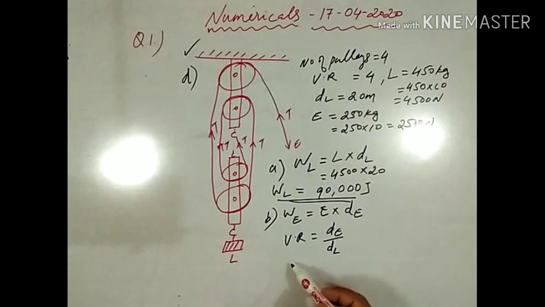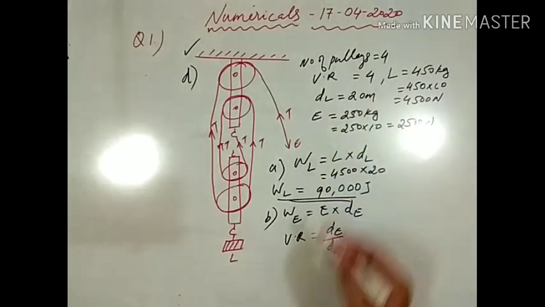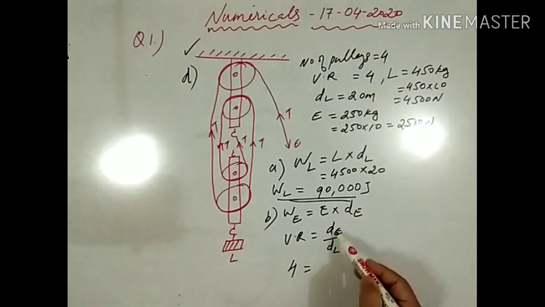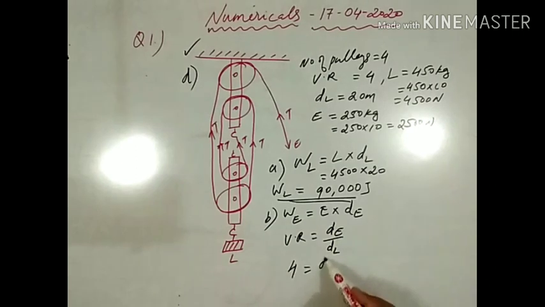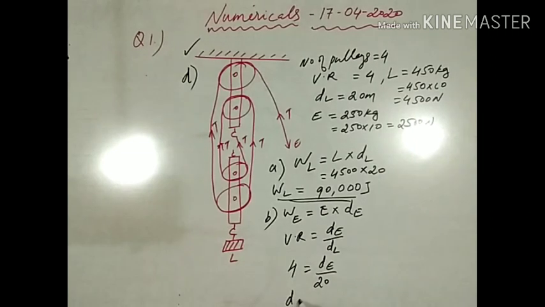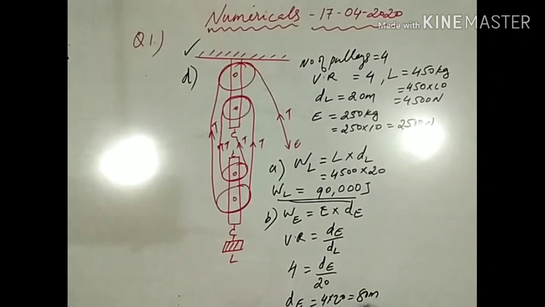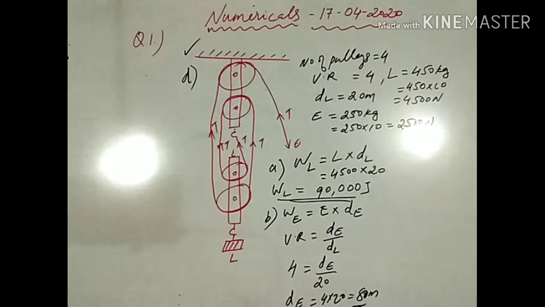Therefore, velocity ratio is equal to, it is given 4 is equal to distance of effort, keep it as dE, by displacement of load is 20. Therefore, displacement of effort is equal to 4 into 20, that is equal to 80 meter.